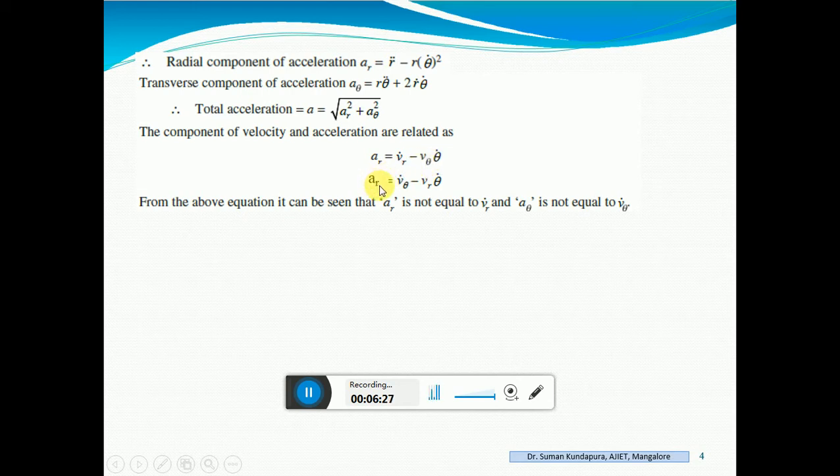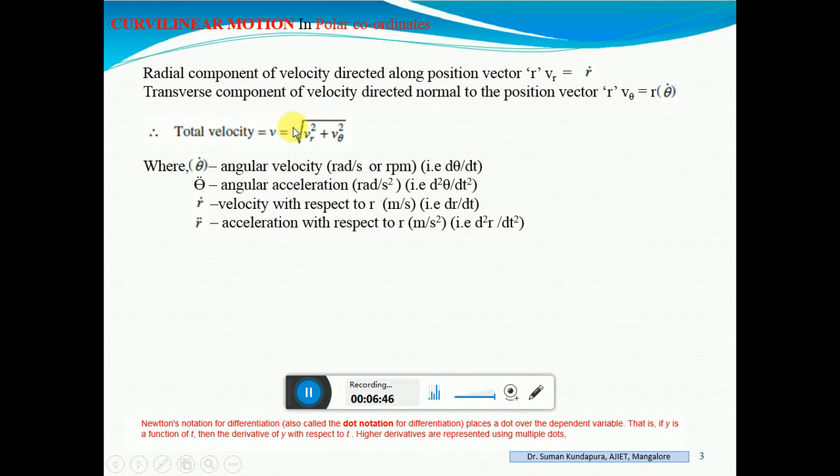The transverse acceleration a theta is equal to V theta dot, the first derivative of V theta, plus Vr theta dot. Usually, you are supposed to find out the acceleration components and the velocity components.